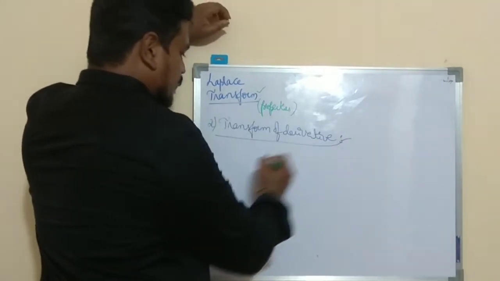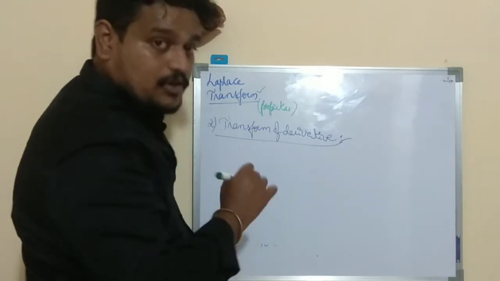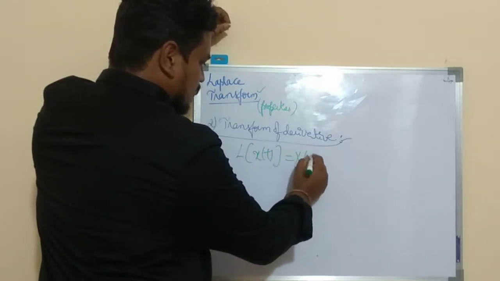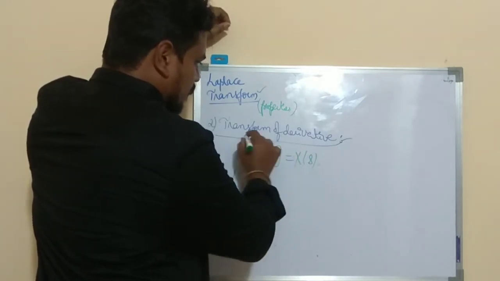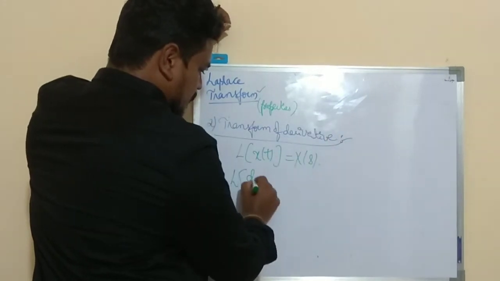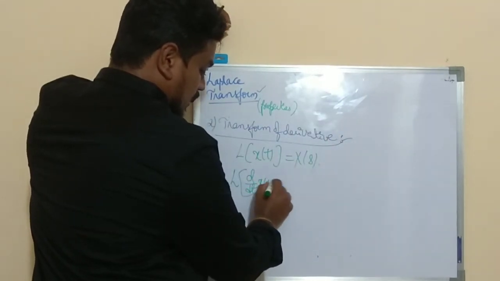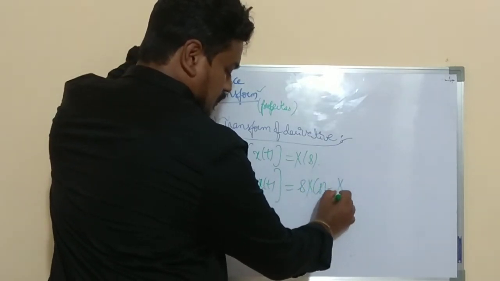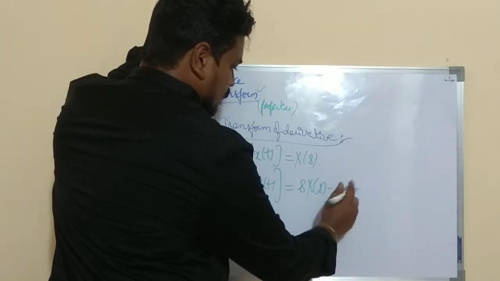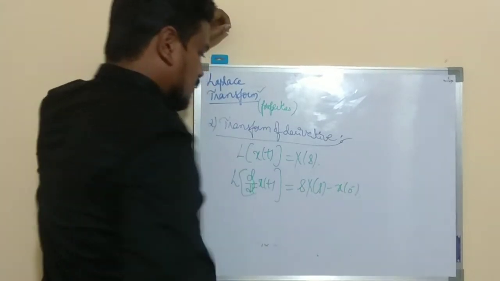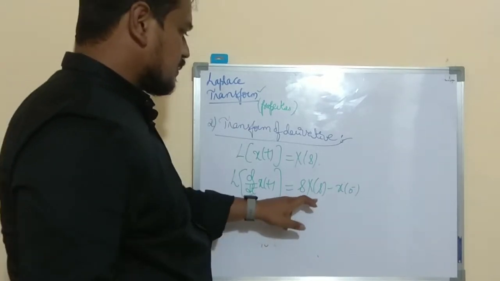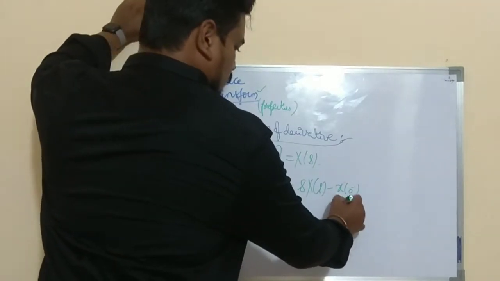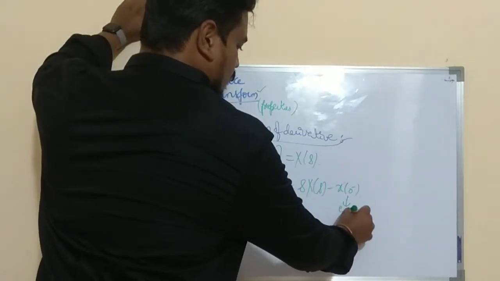Next one is transform of derivative. This says that if the Laplace transform of x(t) is X(s), then the Laplace transform of the derivative d/dt of x(t) is equal to s·X(s) minus x(0), right? Here X(s) is the Laplace transform that we already know, and x(0) is the initial value.